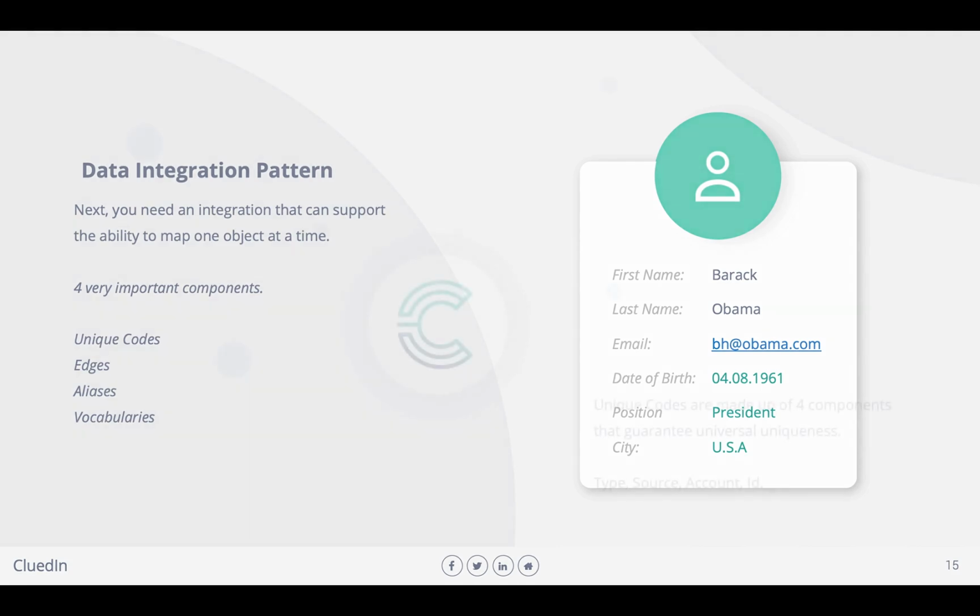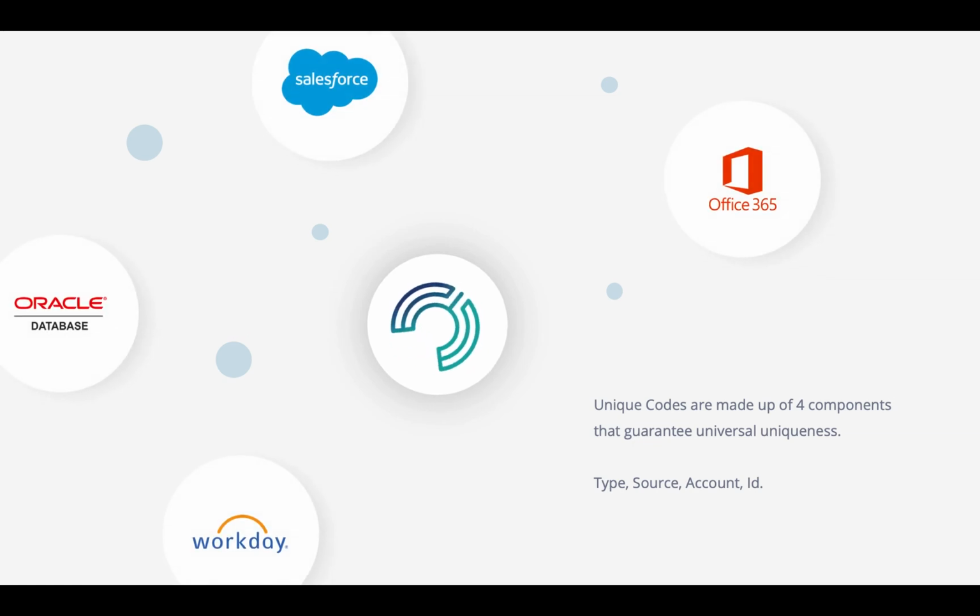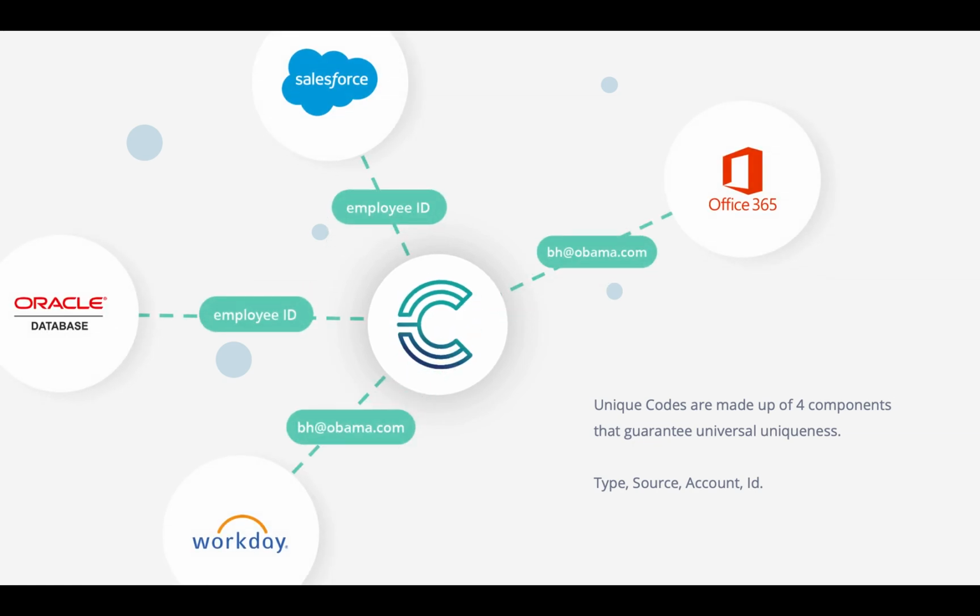So first, let's look at the unique codes. Unique codes will be universally unique identifiers. When we refer to unique identifiers universally, we mean that this record is absolutely unique across source systems and even across Clued-in accounts.